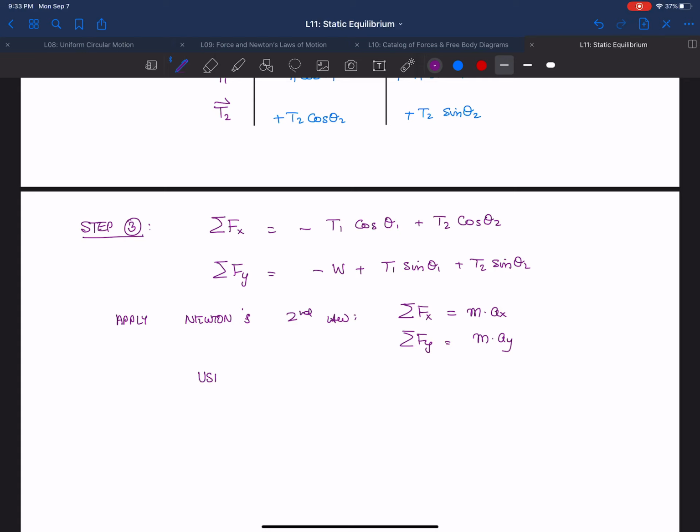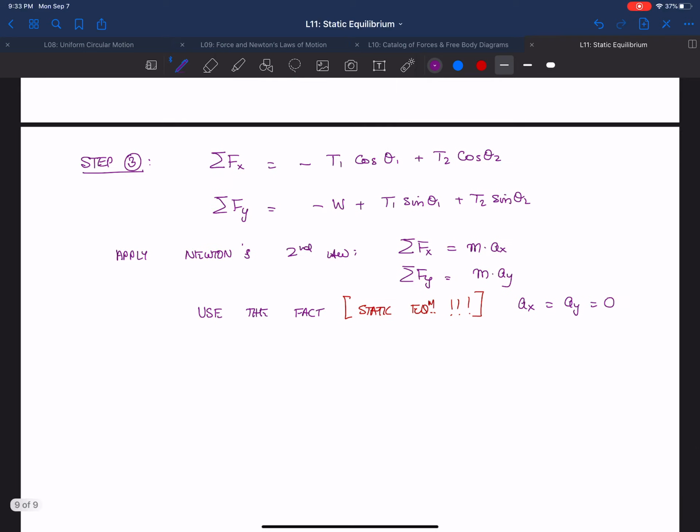And we use the fact, in this case, that the system is in static equilibrium, to conclude that ax equals ay equals 0, that these accelerations are 0. And now, since the accelerations are 0, we can combine these two equations that we have.